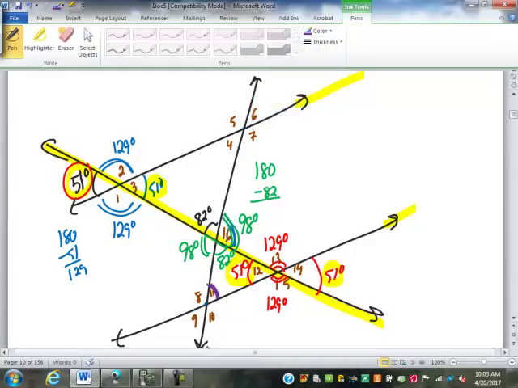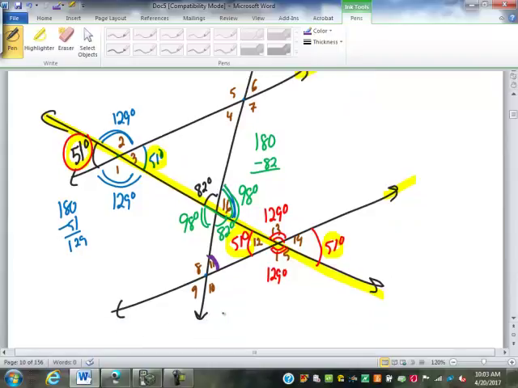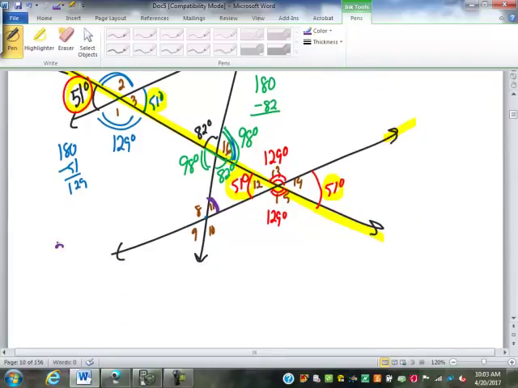How would I find that angle? 180 minus 82 and minus 51, because those three angles of the triangle have to add up to 180. So what's that come out to be? 98, 47 degrees for that angle.